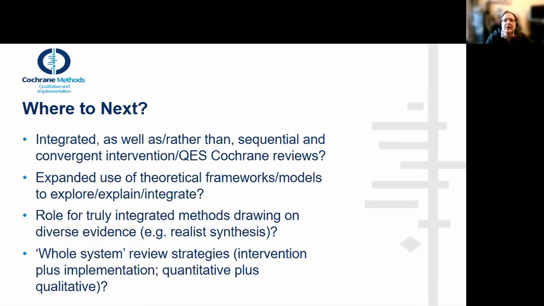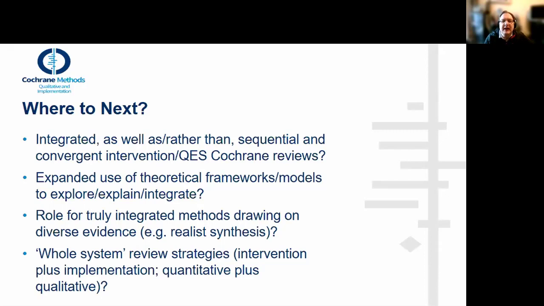And then looking forward, and this again maps nicely to Eva's presentation, perhaps we're going to see more genuinely integrated reviews rather than the very simple sequential and convergent intervention and QES Cochrane reviews. I say simple, not in terms of the size of the task, but just in terms of the complexity of the design, the synthesis design.